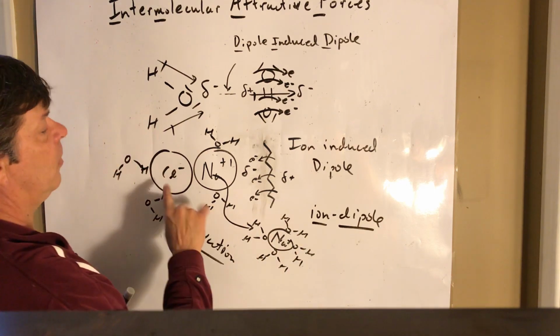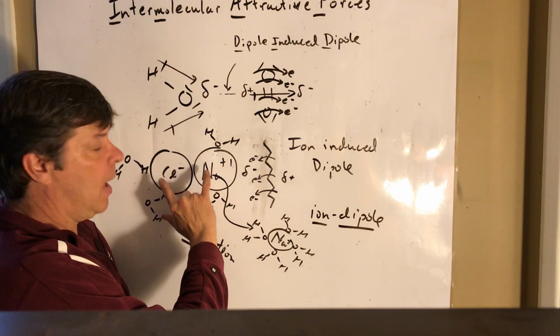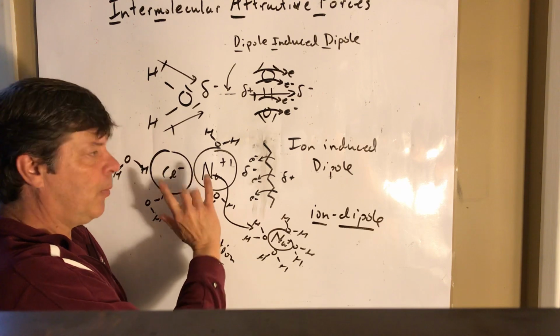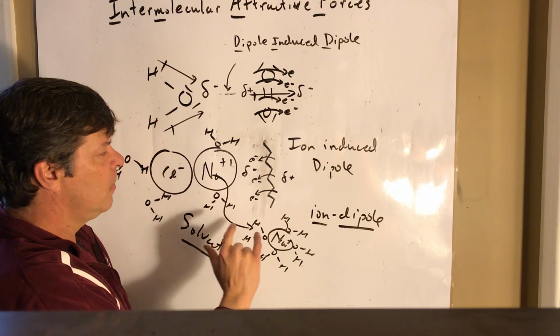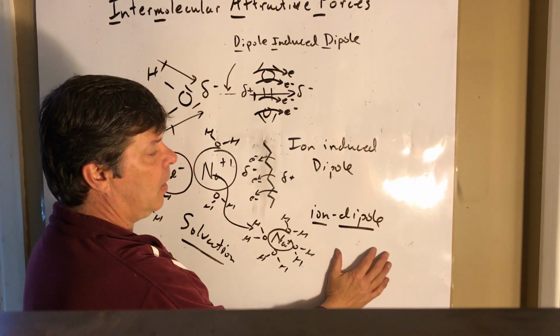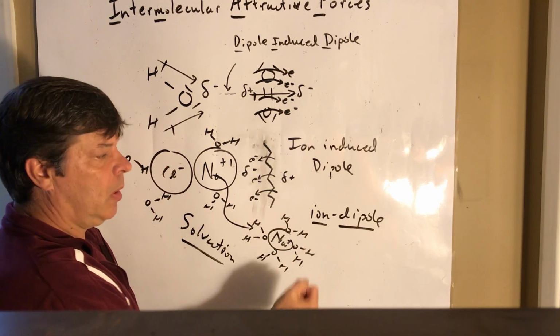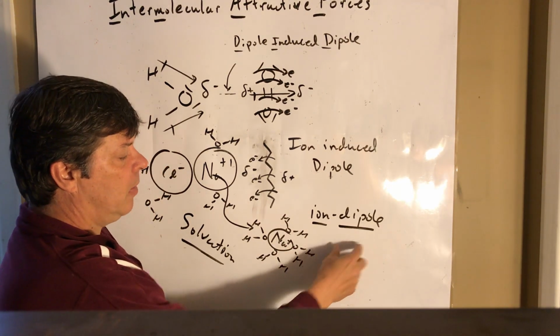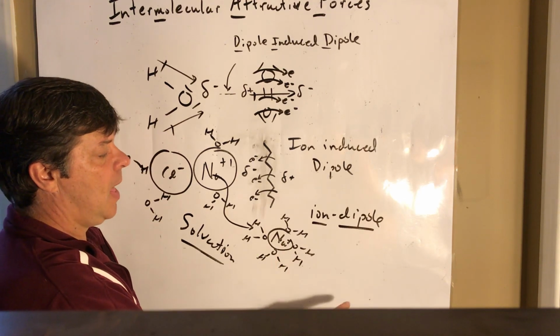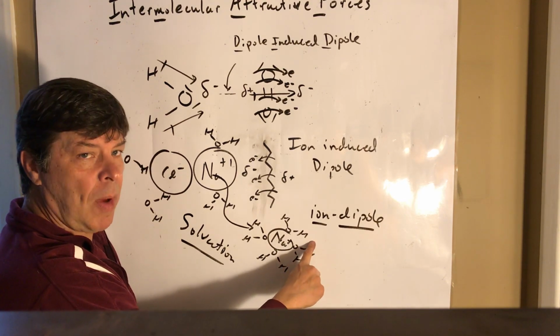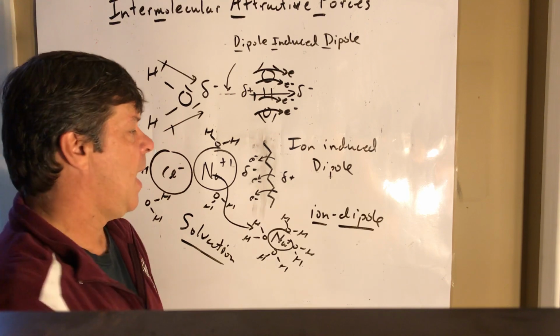This attractive force is ion-induced dipole. Then, in the case of ions being dissolved in water, we have what's called ion-dipole. We have an ion and a polar molecule that has a dipole.